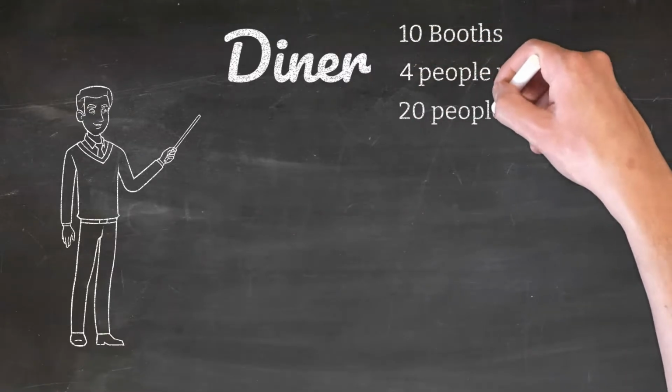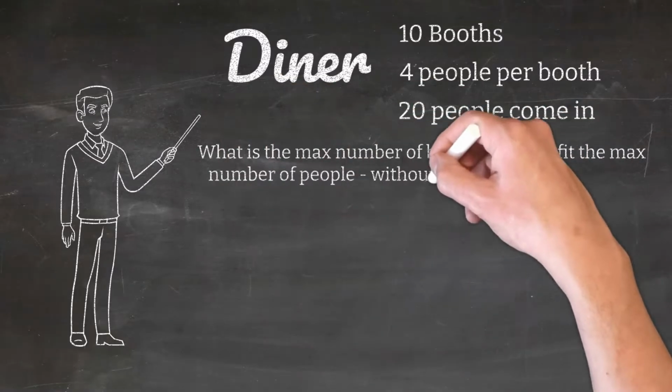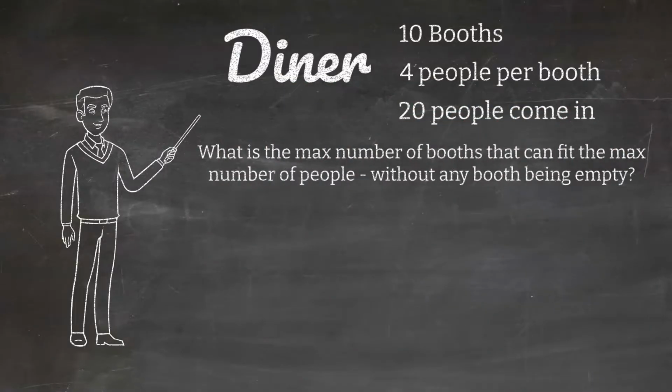Now, if 20 people came in, what is the max number of booths that can fit the max number of people without any booth being empty? Now, this is freak level math. Okay, a normal person cannot do this, unless they use this cheat. So, if we build this visual, we can solve this.